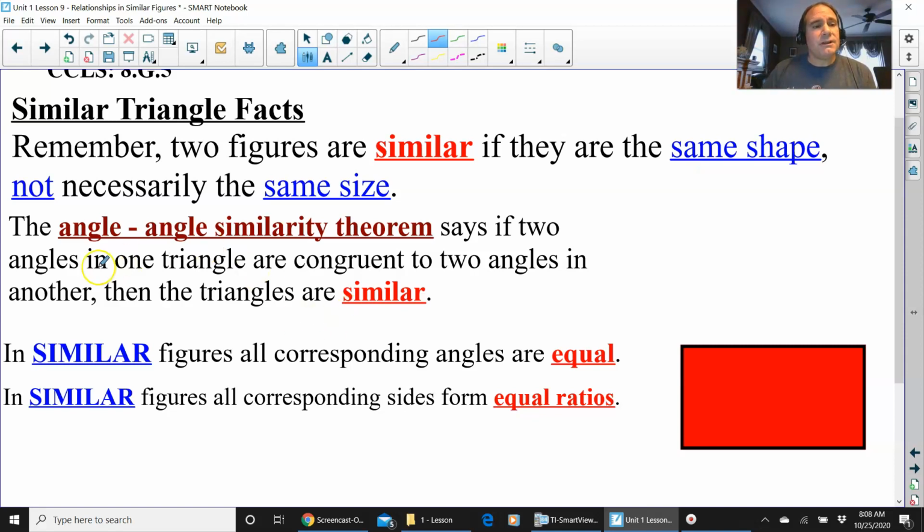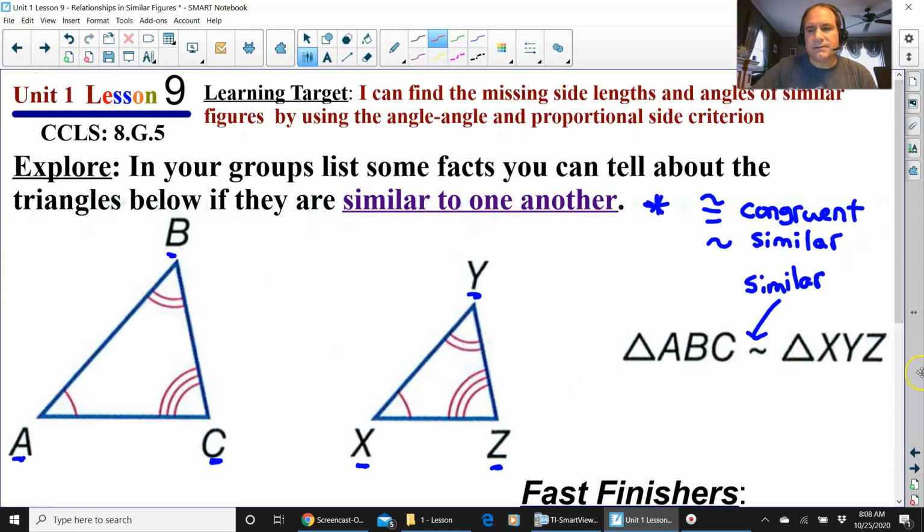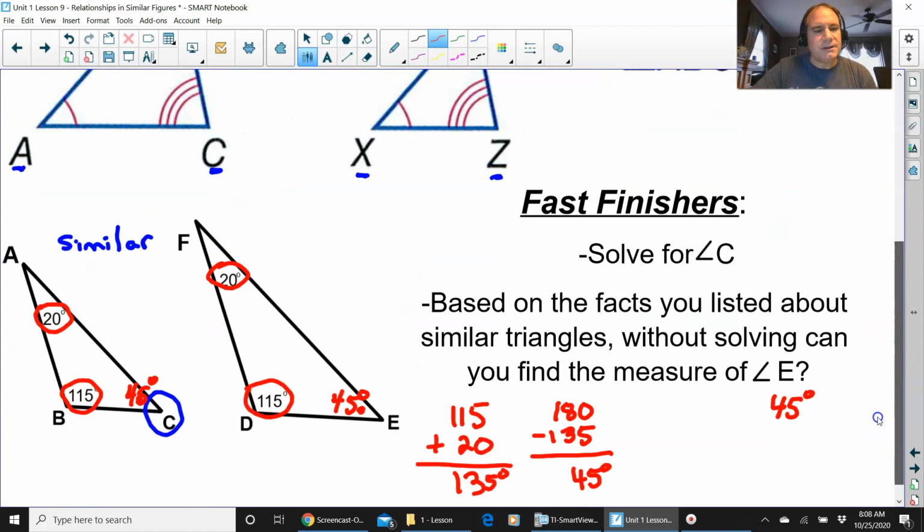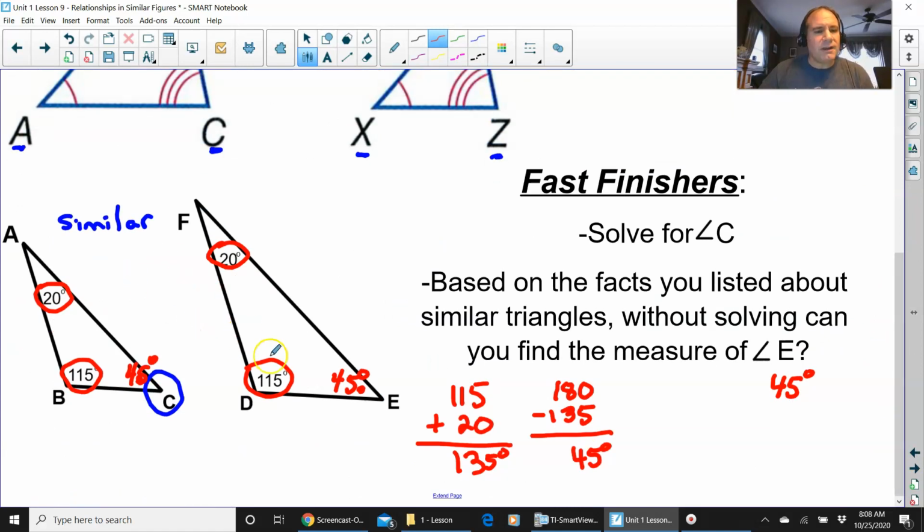All right, so the angle-angle similarity theorem says if two angles in one triangle are congruent to two angles in another, then the triangles are similar. Like in the prior question, we knew that these triangles were similar because we had two angles that were matching up with the two angles in the other figure.